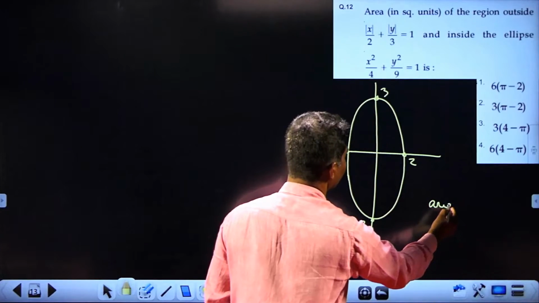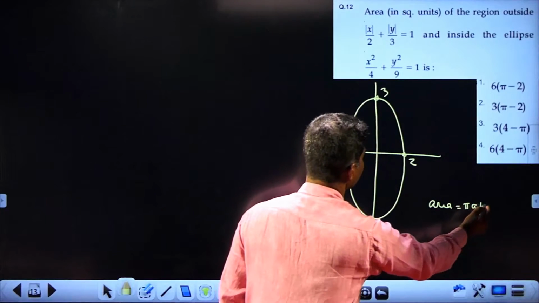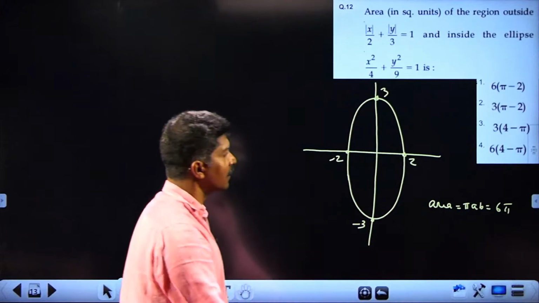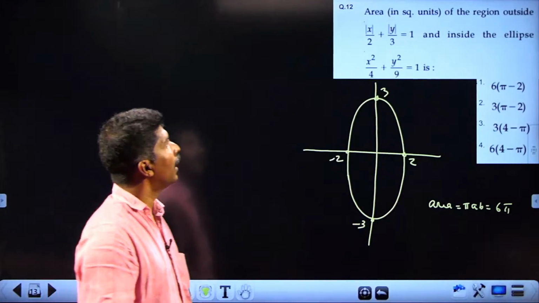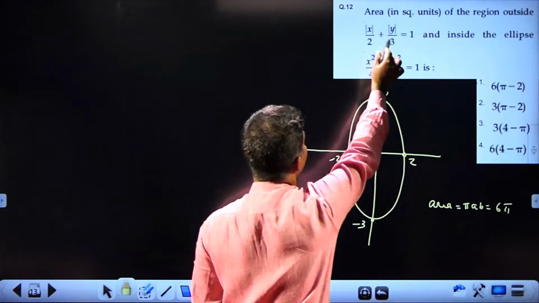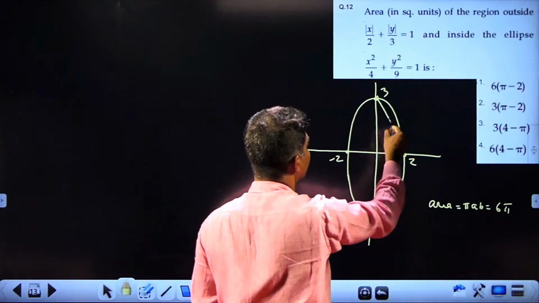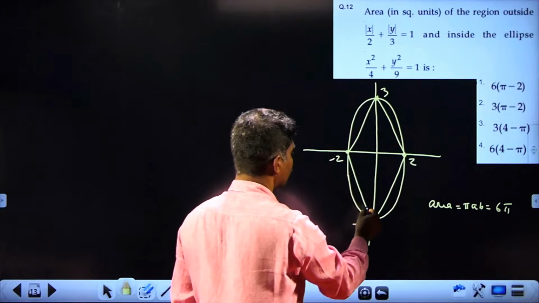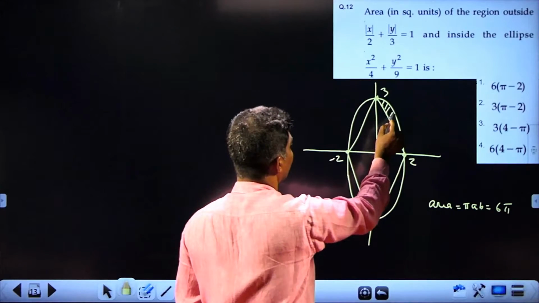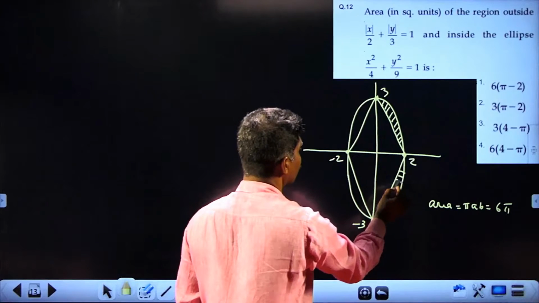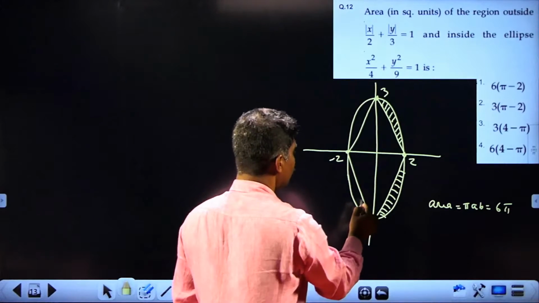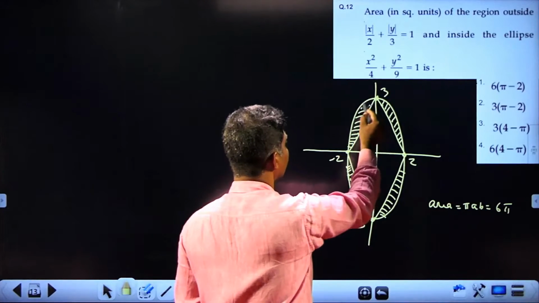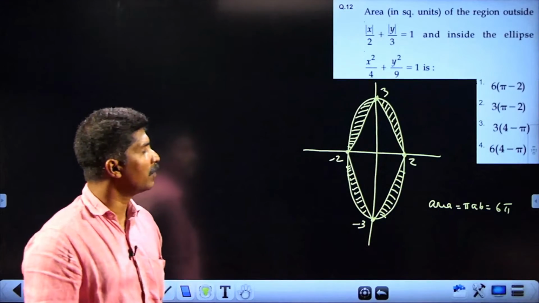Area is equal to, very simple, pi AB, that is equal to pi into 2 into 3, that is equal to 6 pi. And this is mod x by 2 plus mod y by 3. Very simple, you know that this is a parallelogram, something like this. Outside this one is the area you need, in between the ellipse and this parallelogram.